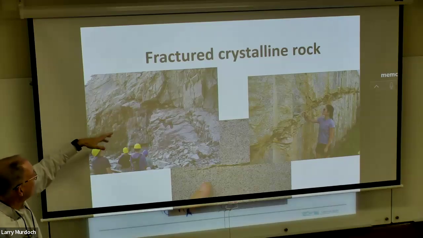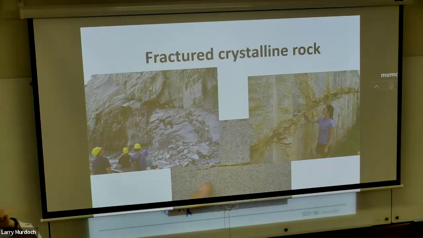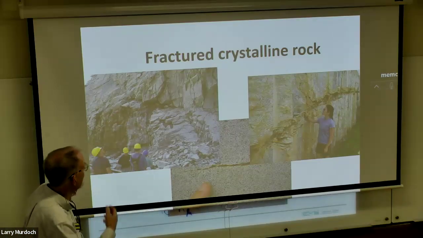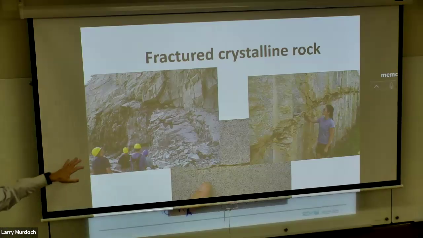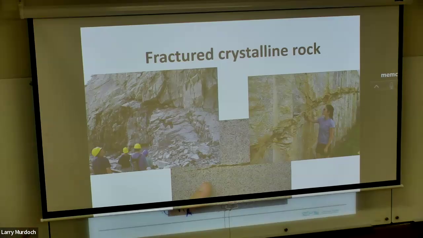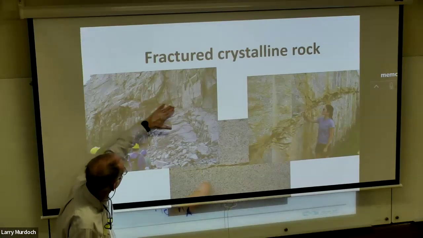Many of these fractures that you see here are from explosives that they use for this quarrying process, where they blast and they take the rock out and use it for, this quarry would be using this rock for gravel for roads. But you can see this fracture right here.